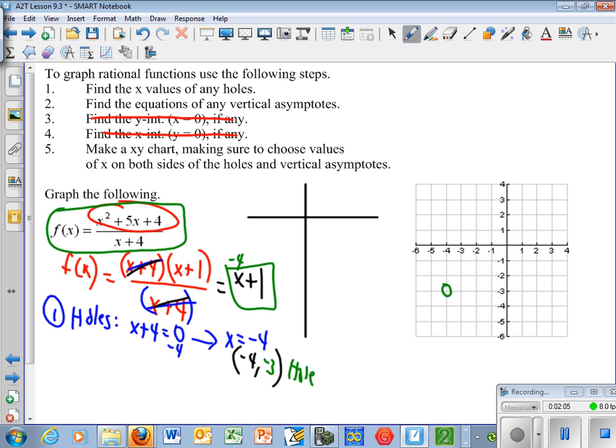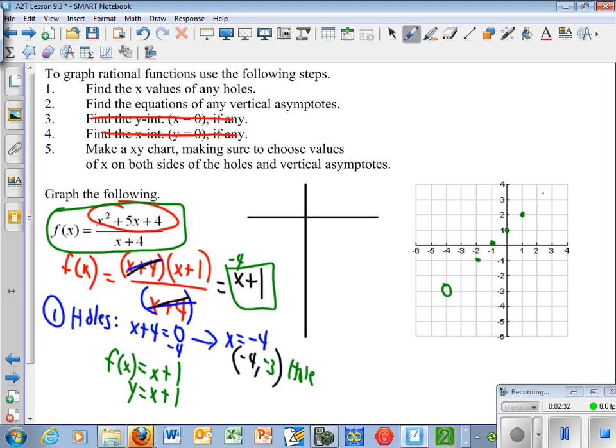And if you think about f of x equals x plus 1, well, that's like y equals x plus 1. That's just a linear equation, the simplified one. x plus 1 is linear, with a y-intercept of 1 and a slope of 1, so rise 1, run 1, we'd go this way.